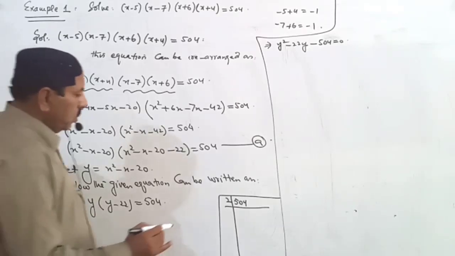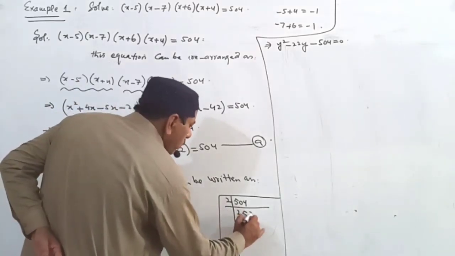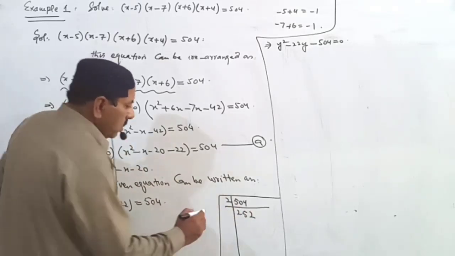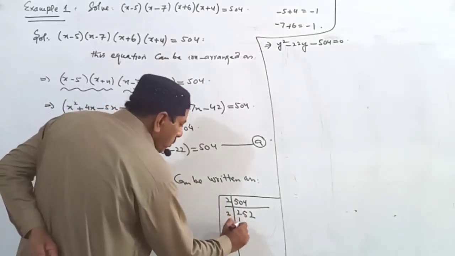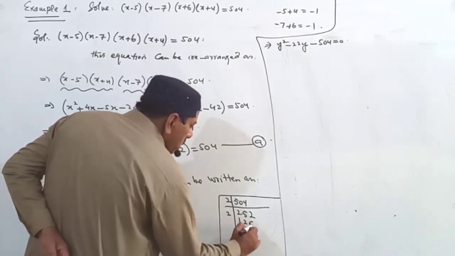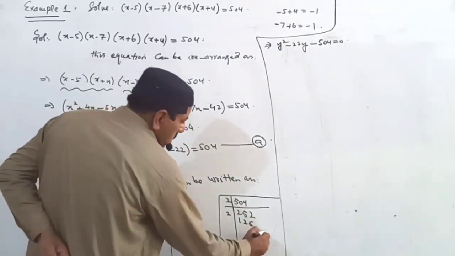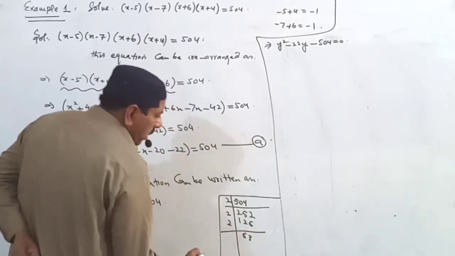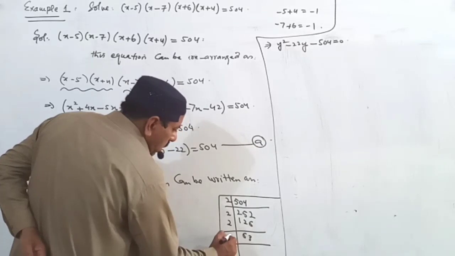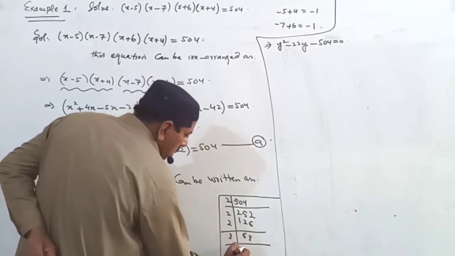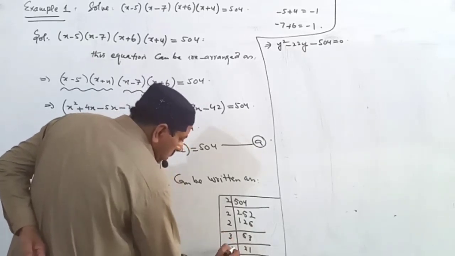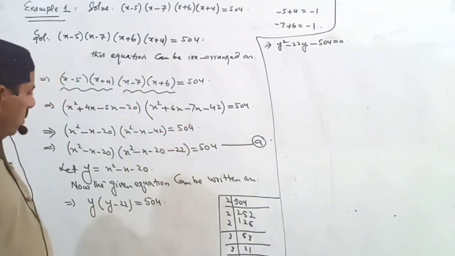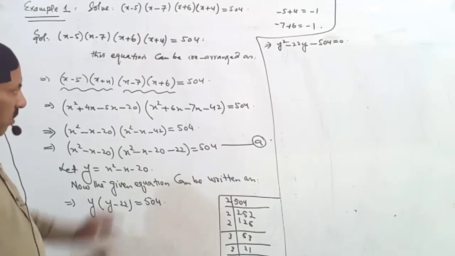2 fours are 8, 2 fives are 10, and 2 twos are 4, 2 sixes are 12, again 2 sixes are 12, 6 threes are 18, again 3, 2 ones are 2, 3 sevens are 21. So the combination difference should be minus 22.